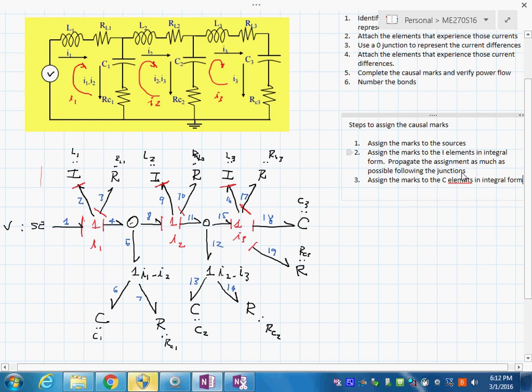So if you do that, we are still on step number 2, propagate it as much as possible. These two are like that. This requires to be like this because it needs one effort in.